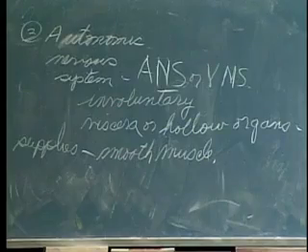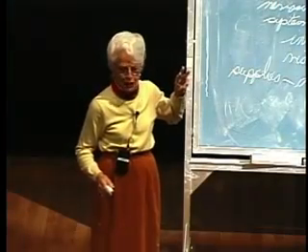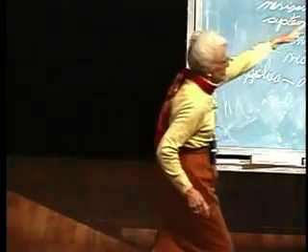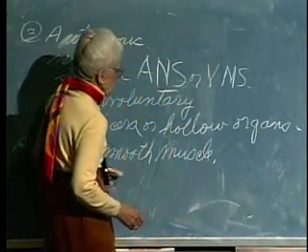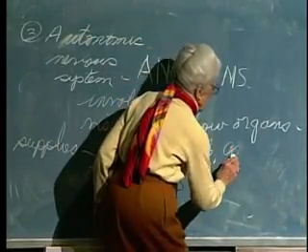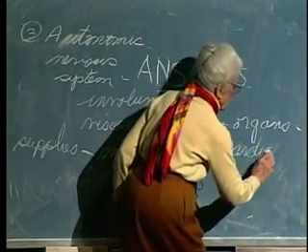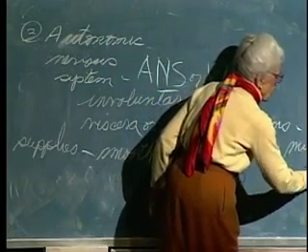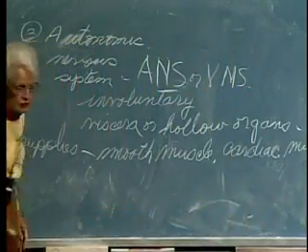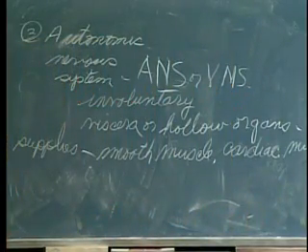You only have 3 kinds. Pardon? Cardiac. Right, because all the others over there were all the skeletal muscle. So cardiac muscle. And what else? Glands. Right.